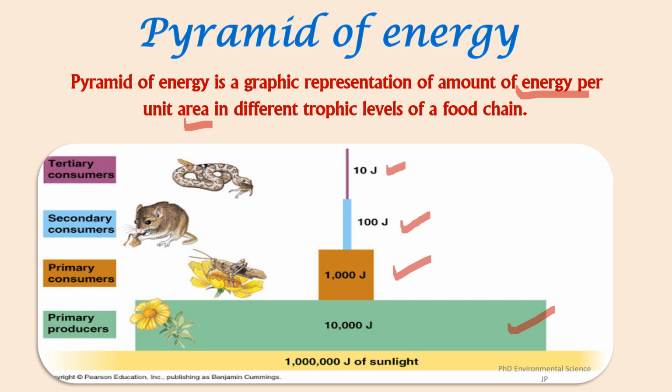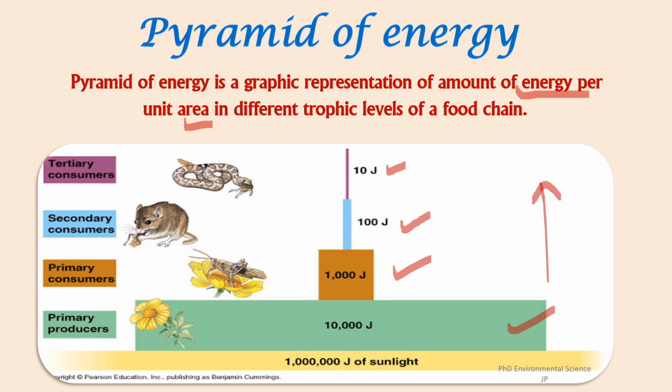Energy decreases significantly as it moves up the trophic levels. This is because at each step, a large portion of energy is used for metabolic processes and is lost as heat, making only a small fraction available to the next level.